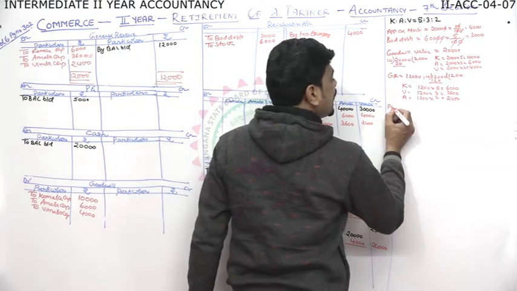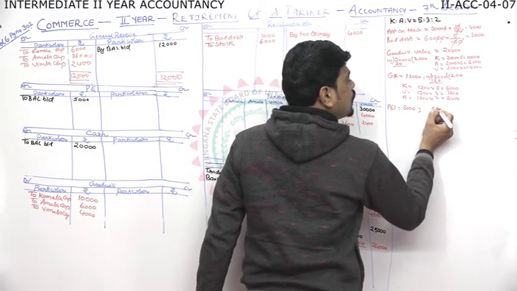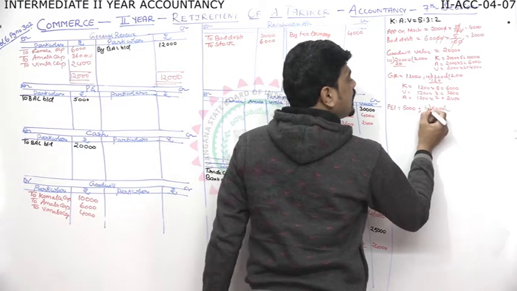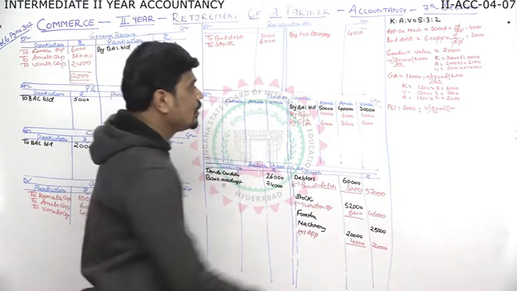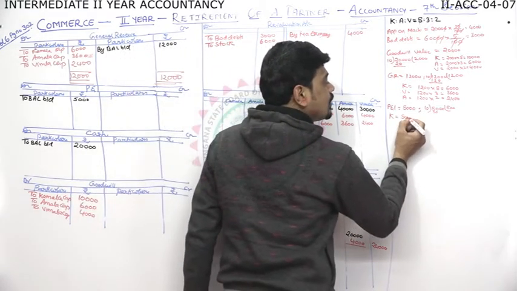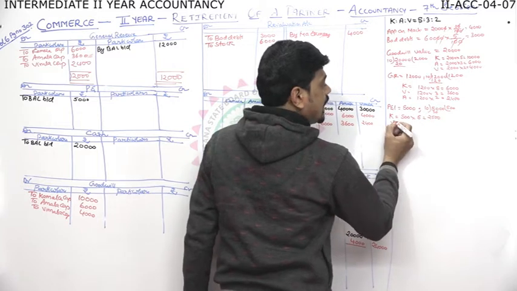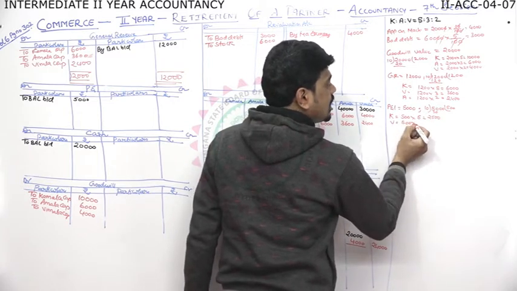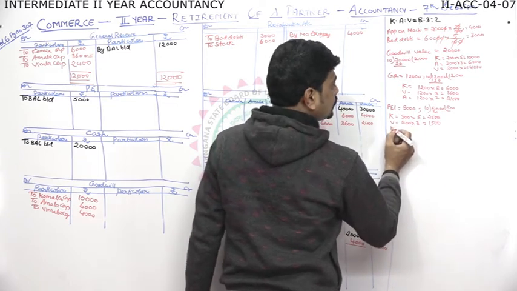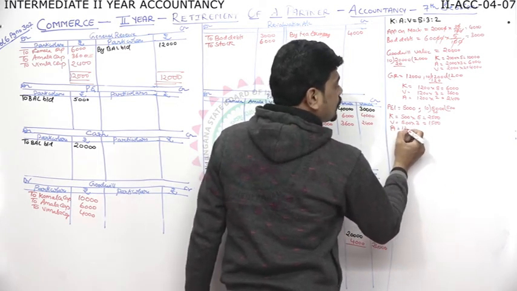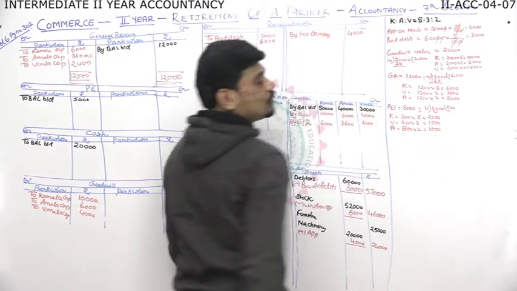Then profit and loss. This is an accumulated loss. Profit and loss, how much they gave? 5,000. Again I'll do 5,000 divided by 10. 10 5s are 50. 500 is the quotient. Again Kamala 500 into 5. Then second Vimala 500 into 3. 5 3s are 15. 1,500. Then Amala 500 into 2, 1,000. Right?